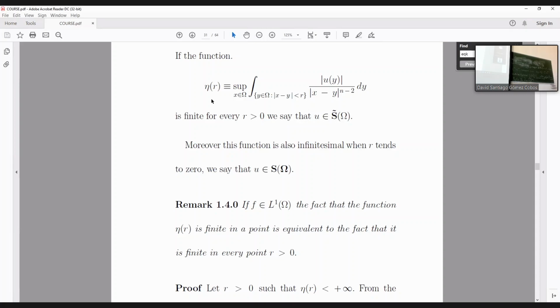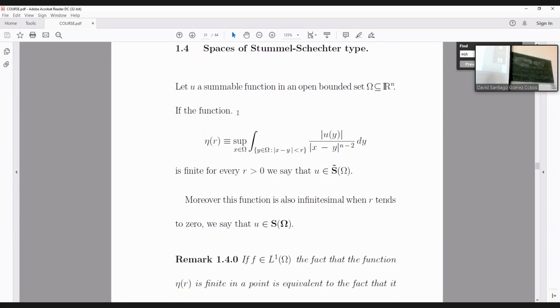Then the function that we put inside is u in absolute value over the absolute value of x minus y, to the power n minus 2. I point out that now it is not a generic lambda between 0 and n, but exactly n minus 2. This is the new set we will consider, defined as the Stummel-Kato space. Briefly, we indicate this as S tilde omega.